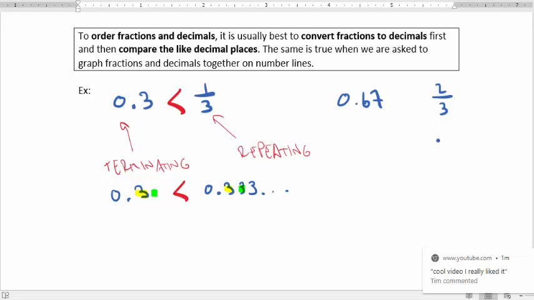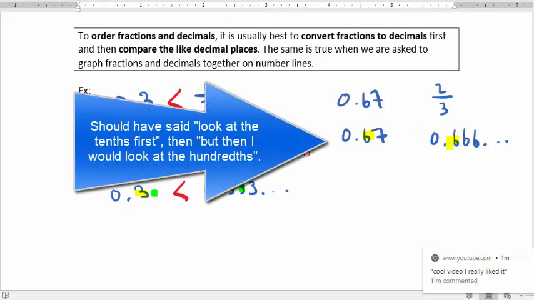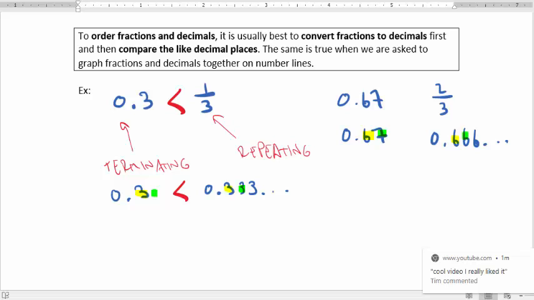No. 2/3 is 0.666 repeating, and this is 0.67. So here, similarly, I would look at the 6's first. They're equal. But then I would look at the 7's, and 7 is greater than 6. So 0.67 is actually going to be greater than 2/3, right?